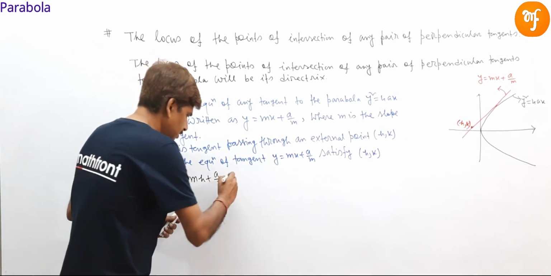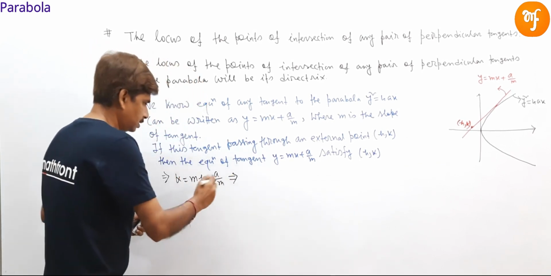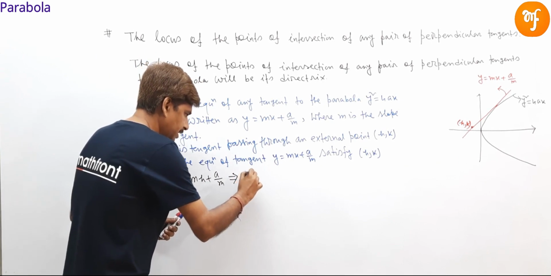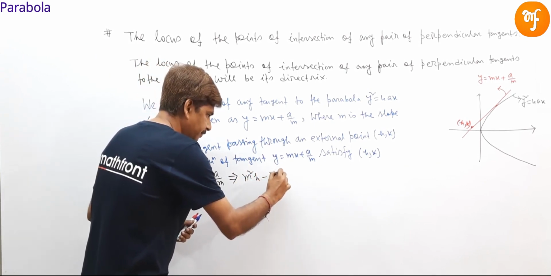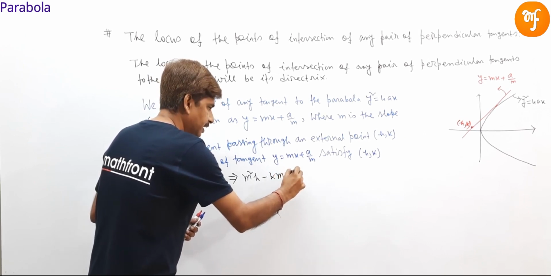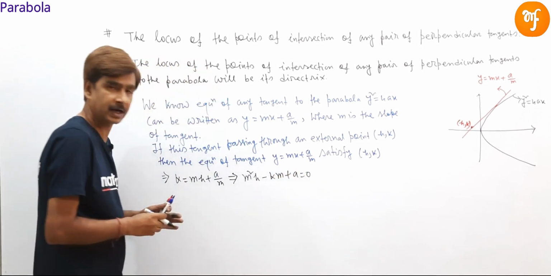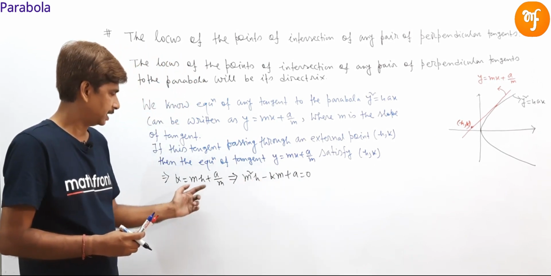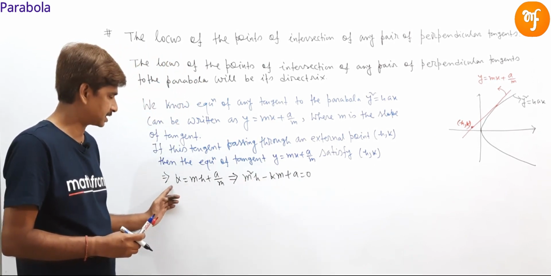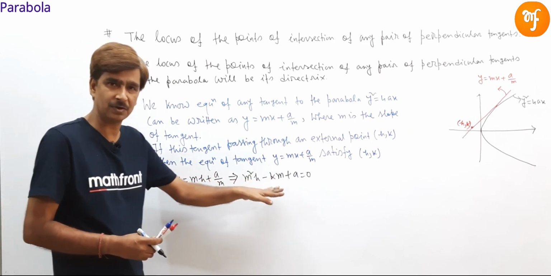So just make it m square h minus k into m plus a is equal to 0. So we write it as a perfect quadratic equation in m: m square into h minus k into m plus a is equal to 0.